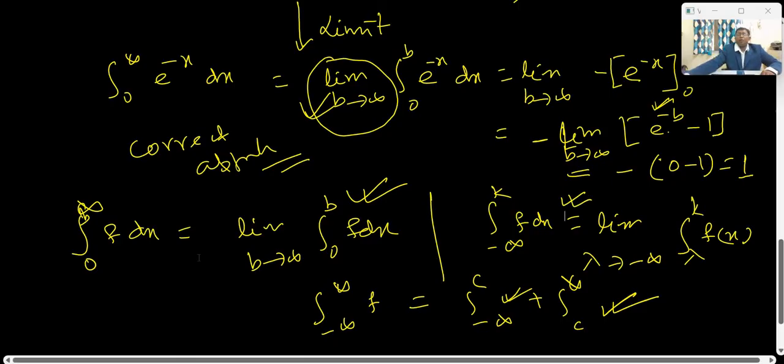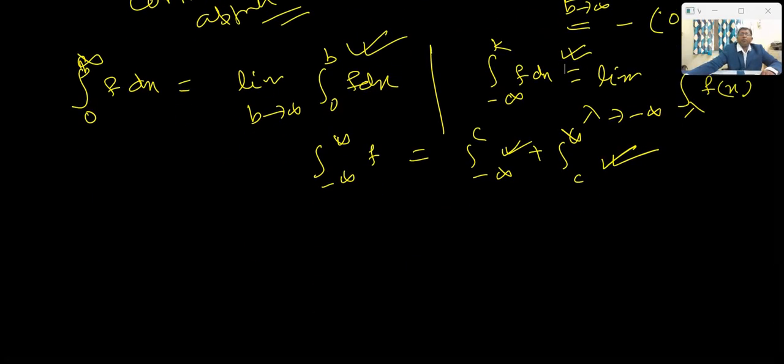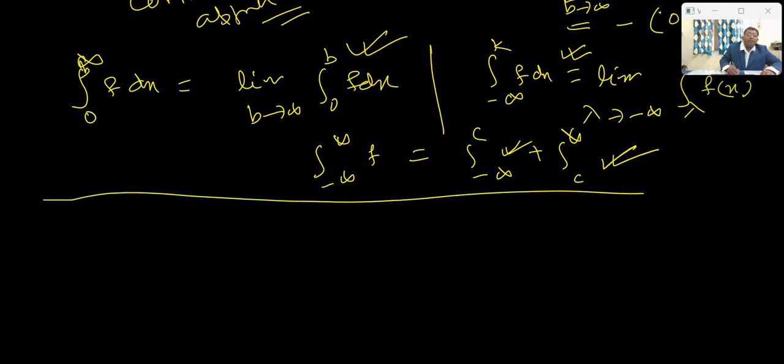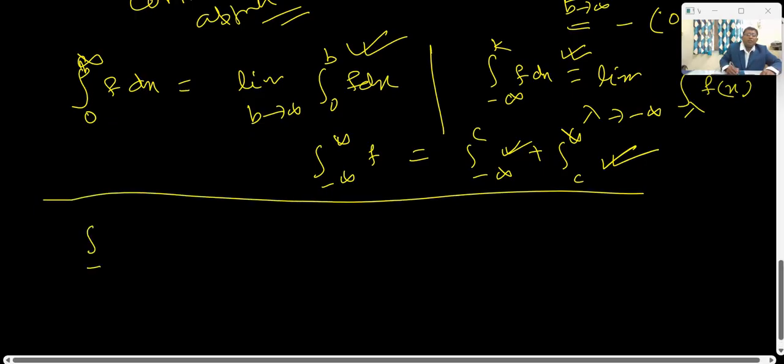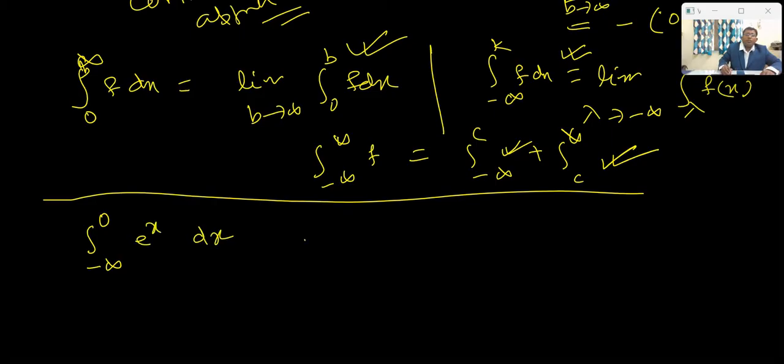One more important thing I will say. Suppose I ask you the integral from minus infinity to 0 of e to the power x dx. How to deal with this? Here you put x equal to minus y, so dx is equal to minus dy.